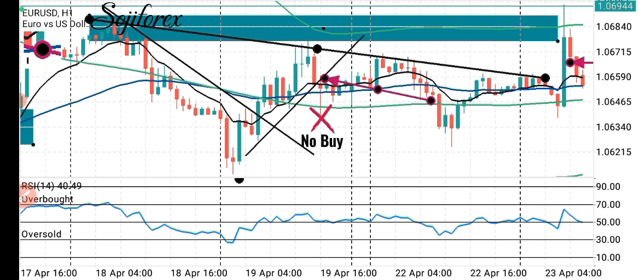Then secondly, even if there's a follow-up candle, it is close to an area of resistance. So I will not be buying when price is close to a resistance, despite my signal from the moving average telling me that a cross has happened and I should buy. I will not buy. One, I have the right candlestick pattern, but I don't have a follow-up candle. Two, I will not be buying in a zone that is close to a resistance.